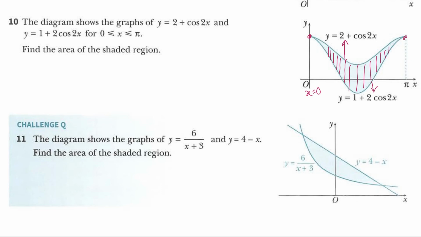The first one we can write like this, 2 plus cos 2x from x equals 0 to pi. Then we also write the lower curve, which is this, minus 1 plus 2 cos 2x.